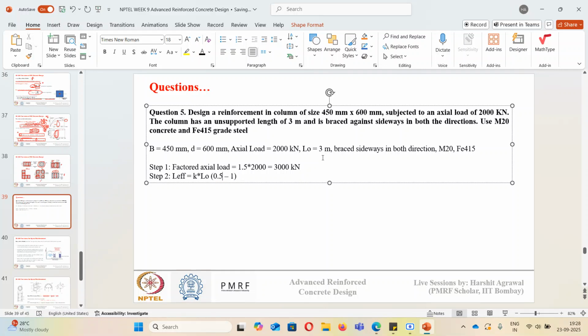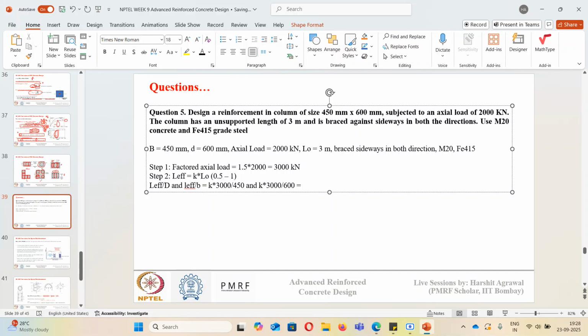Okay, so without calculating the K value also we can check whether it is a short column or a slender column. How? If I calculate L effective by D and L effective by B, in both the sides, this will come out to be K times L naught, which is 3 meter, K times 3000 divided by 450, and K times 3000 divided by 600.